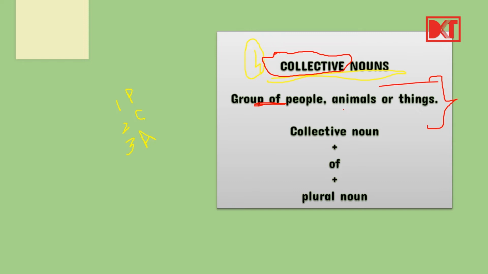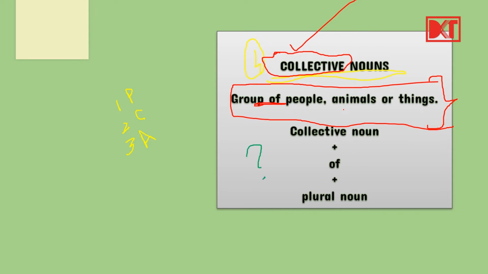Alright, we will give you examples and then we will understand it better. Right now, what you have to understand is that a group of people, animals or things is referred to as collective nouns. Alright, so how do we form collective nouns?